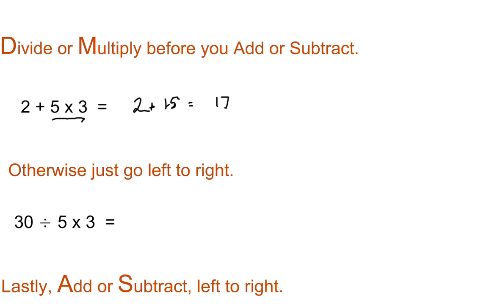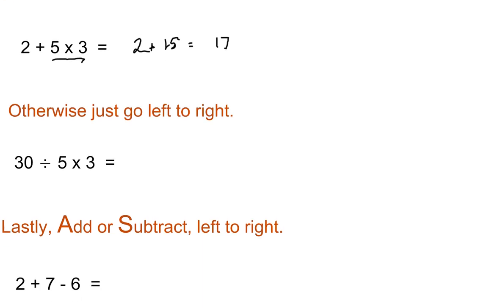Well, what if there's just all multiplying and dividing, like in this next example? In that case, we just work left to right. So we'll just do the first operation we get, which is 30 divided by 5, and 30 divided by 5 becomes 6. So we get 6 times 3, and 6 times 3 is 18.